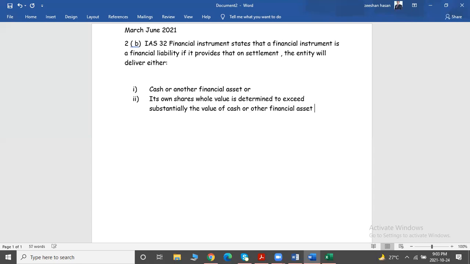So far, what we have done is describe what a financial liability is.